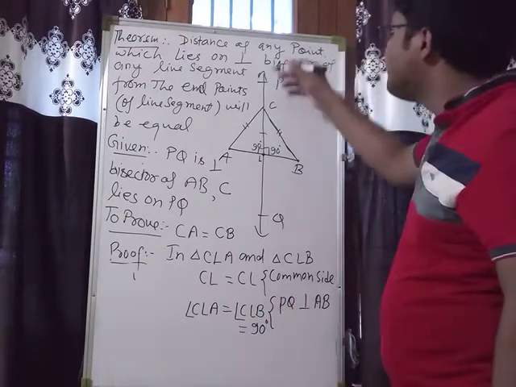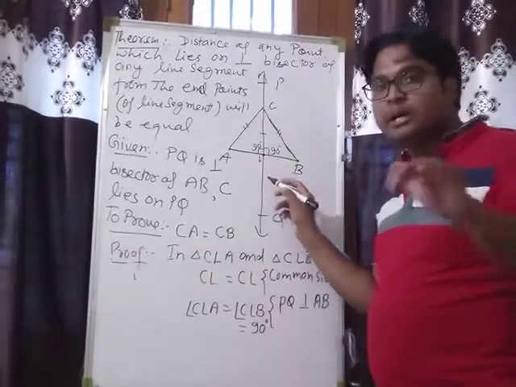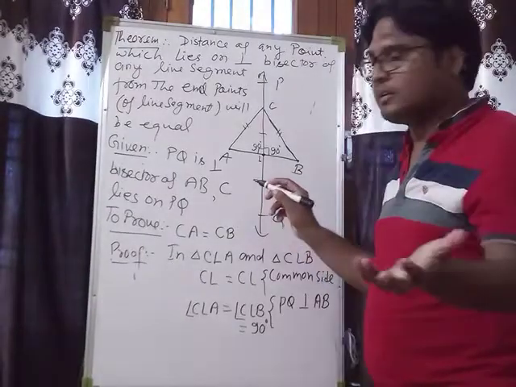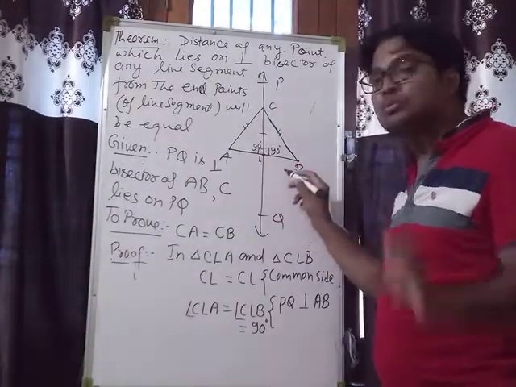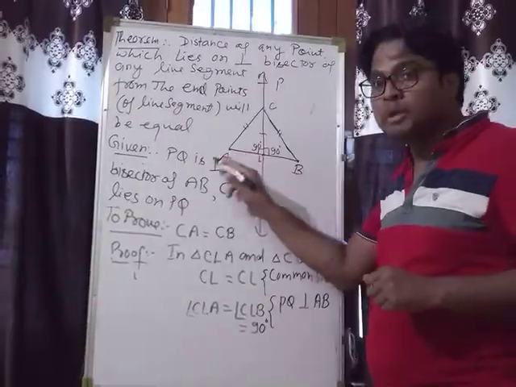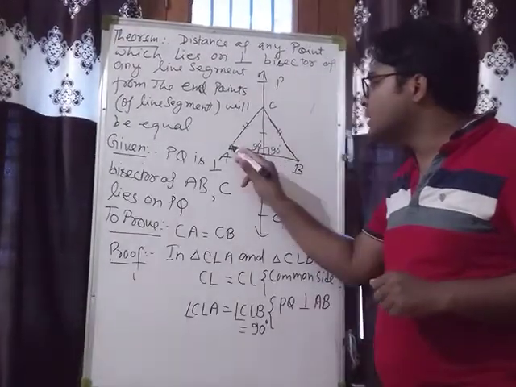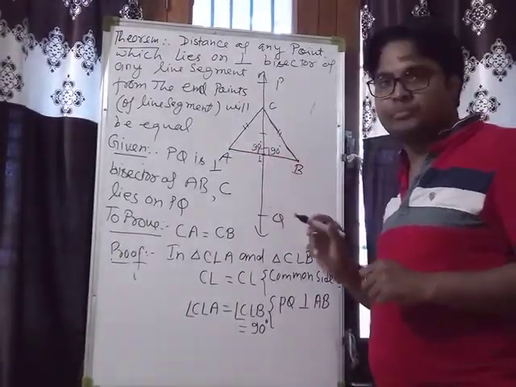Now, this PQ is what? Perpendicular bisector of AB. Perpendicular bisector means it divides this AB into two equal parts. Clearly this L will be what? Midpoint of AB. L will be midpoint of AB means AL must be equal to BL.